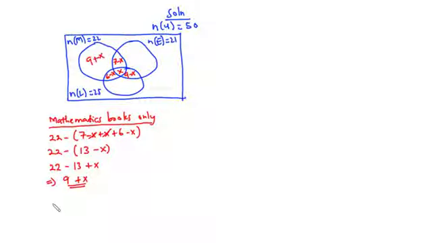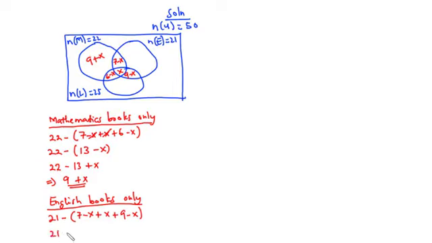Now let's solve for the number of students who had English books only. So for English books only, we have 21 minus, we are going to consider this region, this circle. So we have 7 minus x plus 9 minus x.